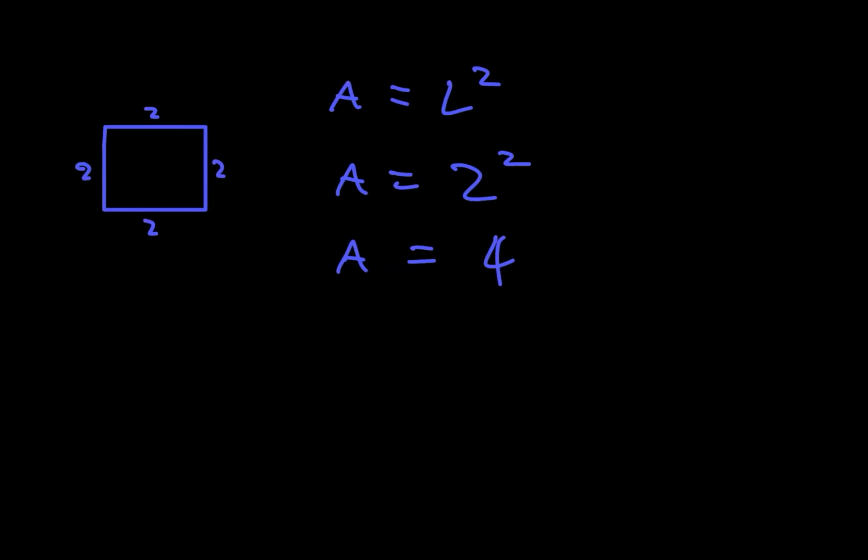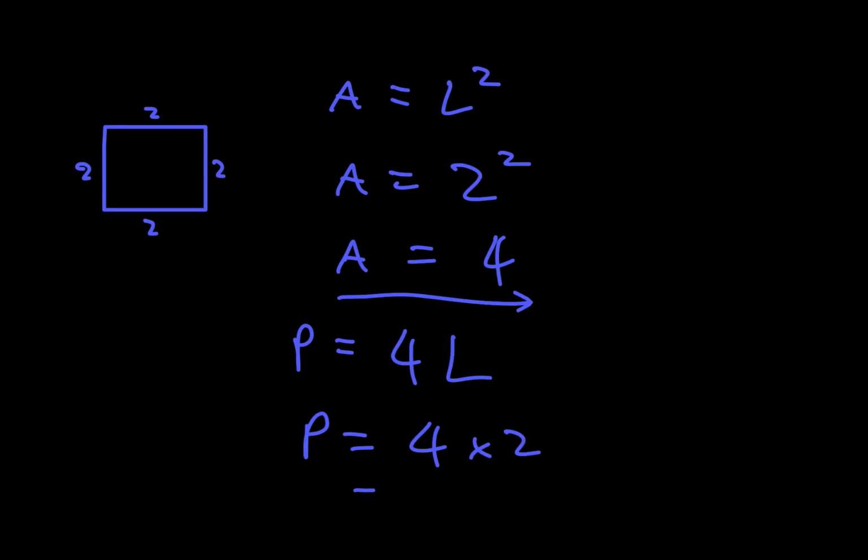Now, the perimeter is equal to 4L. So our length is 2, so our perimeter is equal to 4 times 2, which is equal to 8.